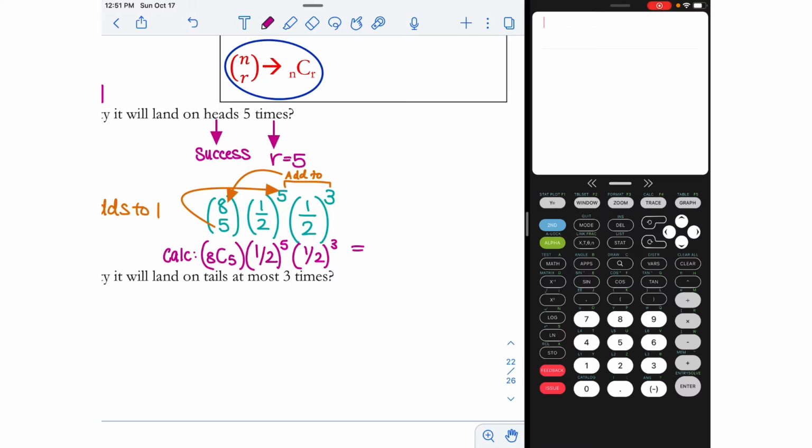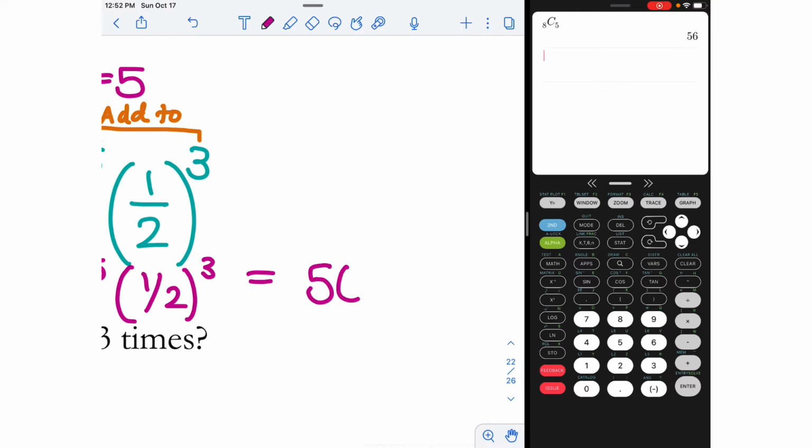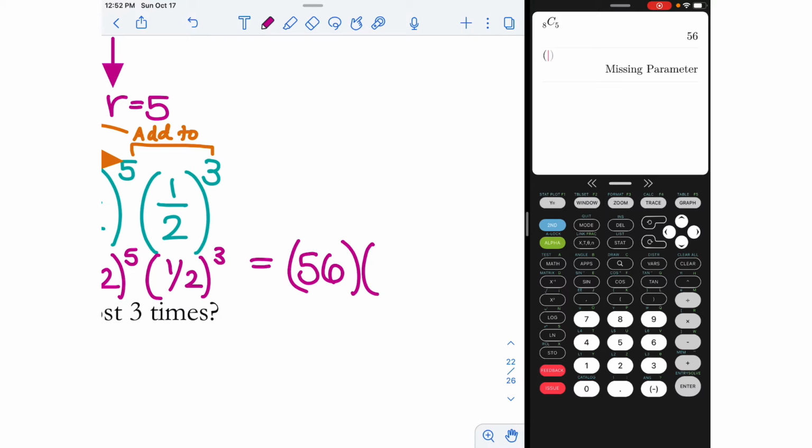So let's try it. In your calculator, let's just do the 8 choose 5 first. 8 choose 5, okay, so that's going to be 56. I'm not going to write it down.